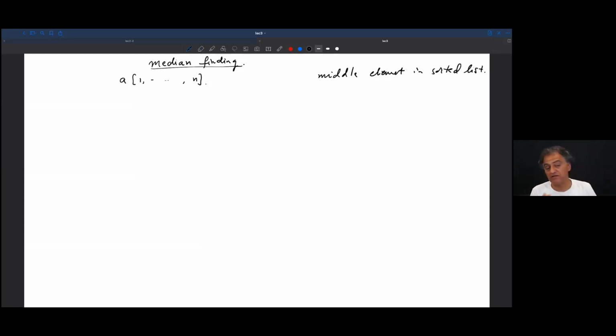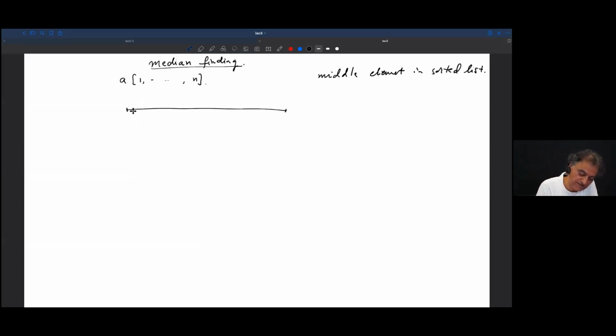Okay, so one way you can do this is, of course, you can sort first and then pick out the middle element. But what we want to do is do this faster. And so here's the way we plan to do this. Again, we want to do this by divide and conquer.